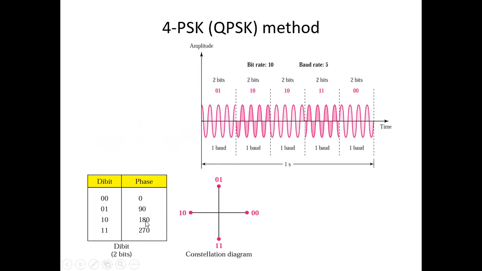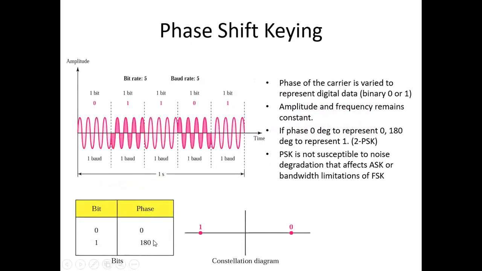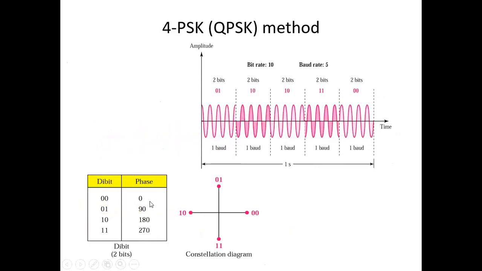So instead of having just 0 and 180, you have 4 different start phases: 0, 90, 180, and 270. So you can identify which combination of the 2 bits is currently transmitted. So this is how you are transmitting multiple bits together.